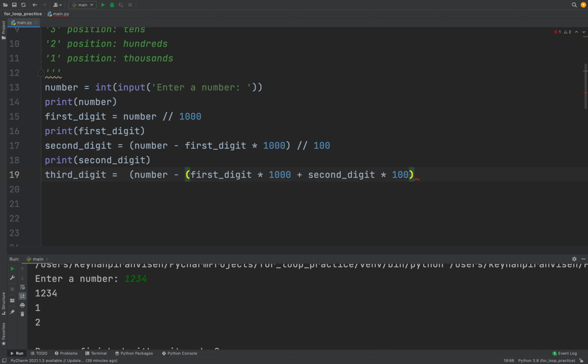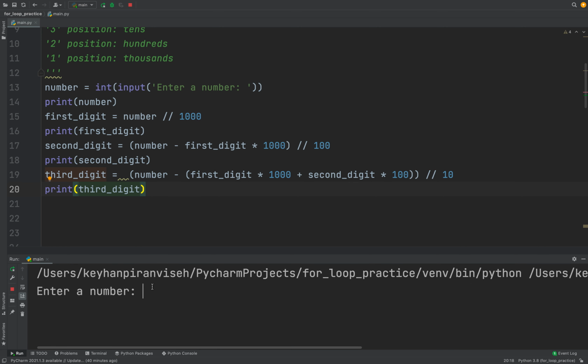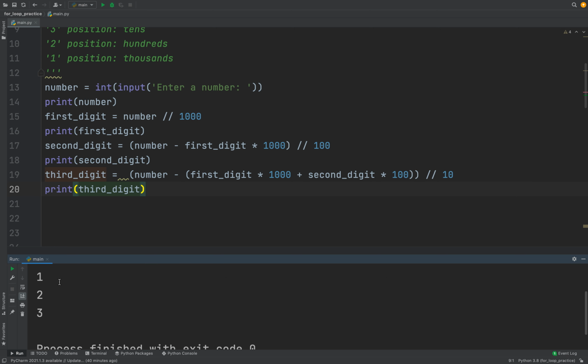So now that I've come up with 1200, I can subtract it from the whole number. It gives me 34. Then floor division with 10. And now you can print third digit. Let's run it. 1234. Okay, there you go. The first digit is 1, the second one is 2, the third one is 3.